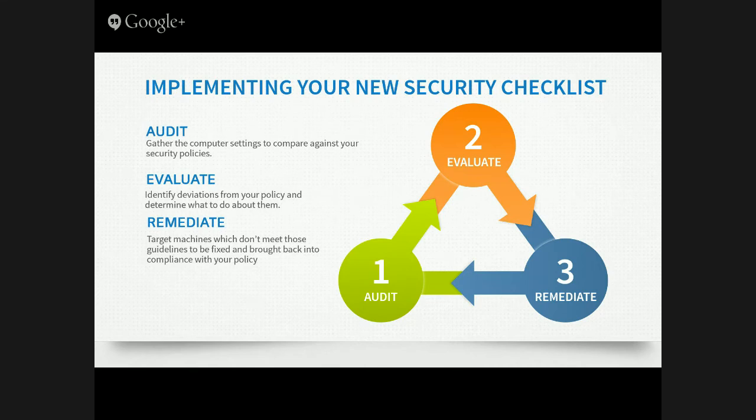Then you want to evaluate what is currently being done on each machine, and then you want to remediate them. Unless you only have one or two servers, I don't generally recommend doing an audit, evaluate, and remediate all in the same step on the same machine.